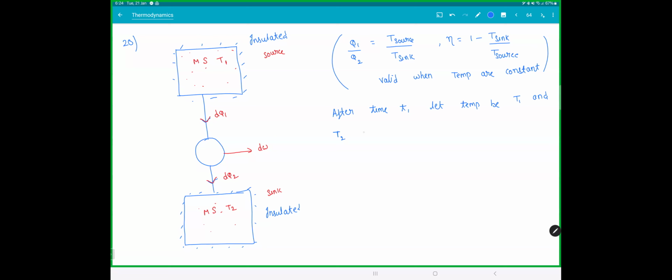Let dq1 heat flow. Since it is a very small time, you can assume almost it is in steady state. We can assume it is constant. Let heat flow from source to sink.